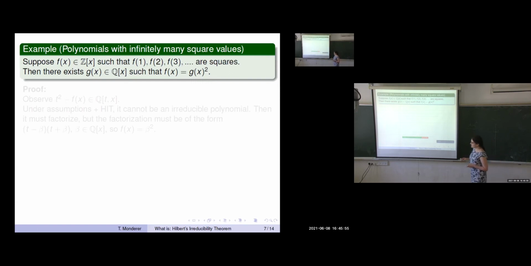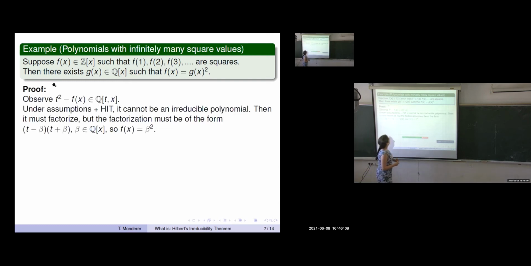So Hilbert's Irreducibility Theorem gives us this very quickly, because we just look at the polynomial t squared minus f of x. If this polynomial is irreducible, we would have infinitely many integer specializations such that it remains irreducible.